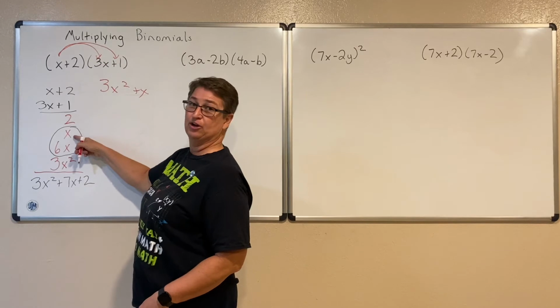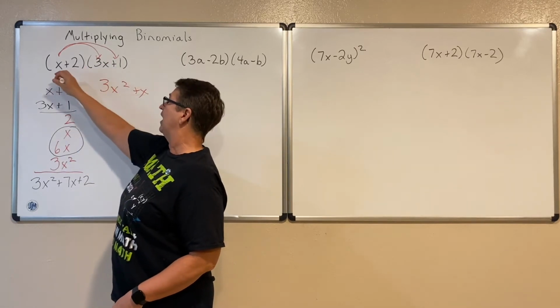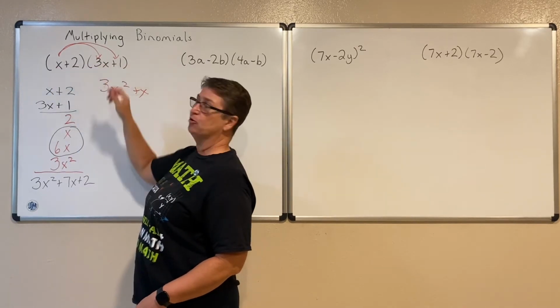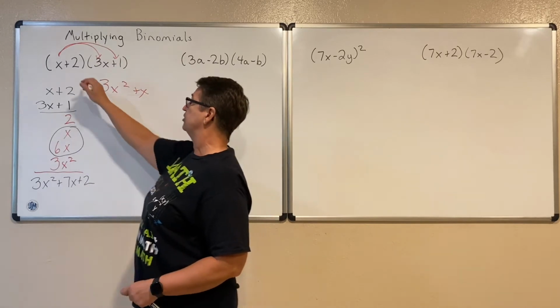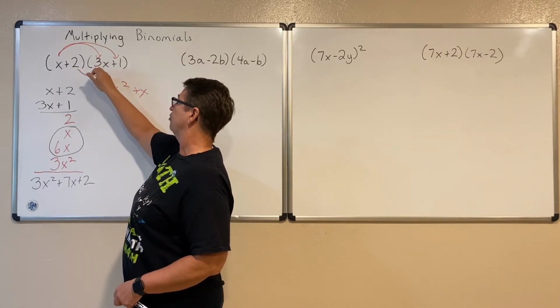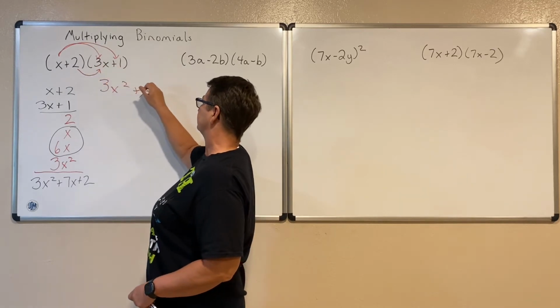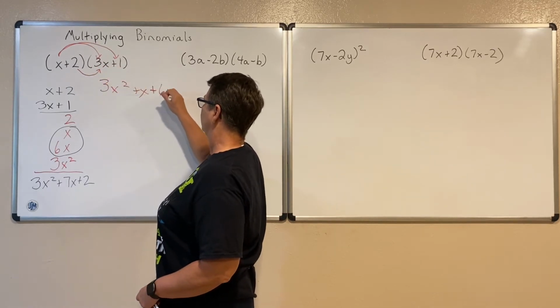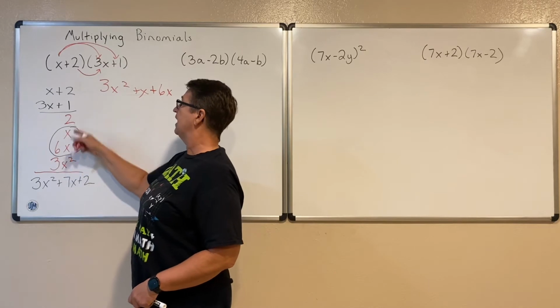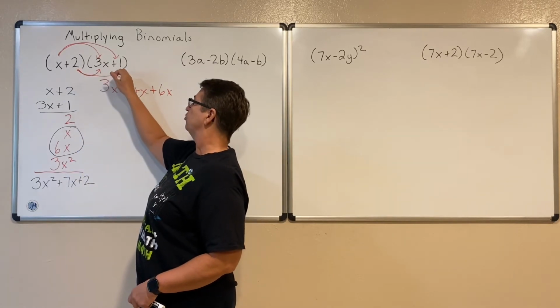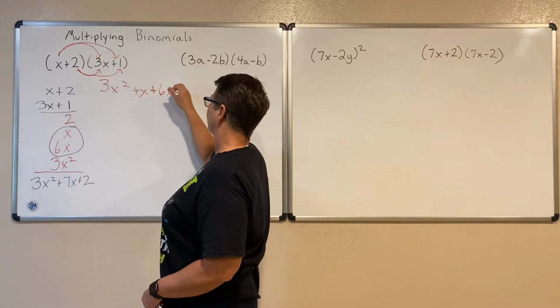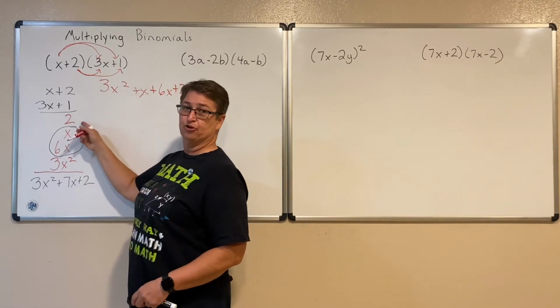We see that x value here. Now, the x has distributed to both of those terms. Now I'm going to distribute the 2 to both terms. So that I have 2 times 3x, which gives me 6x. We see that 6x here. And 2 times 1, which gives me 2, which again, we see that term here.